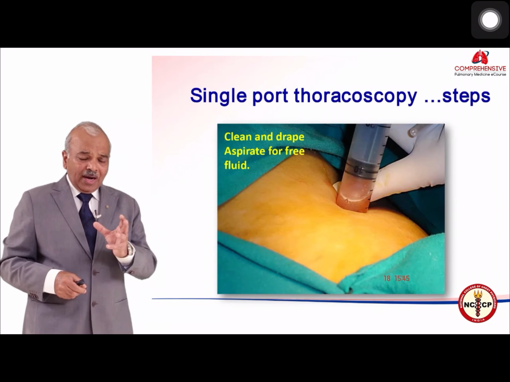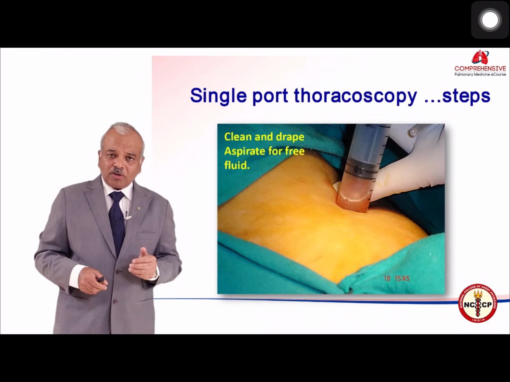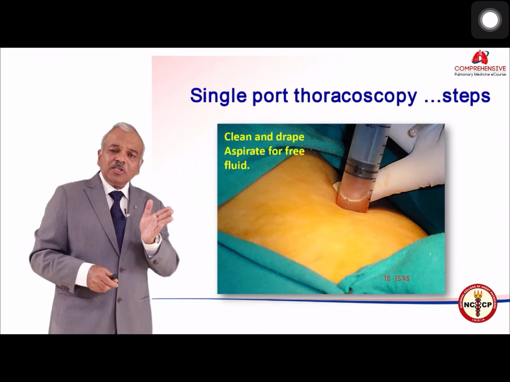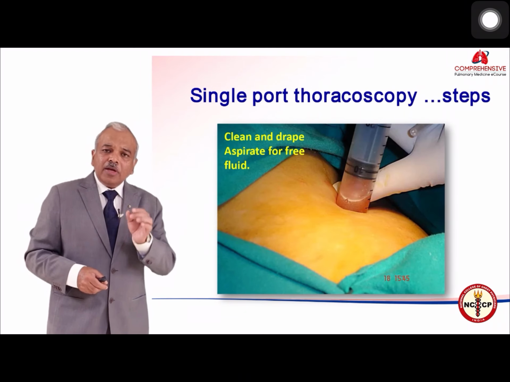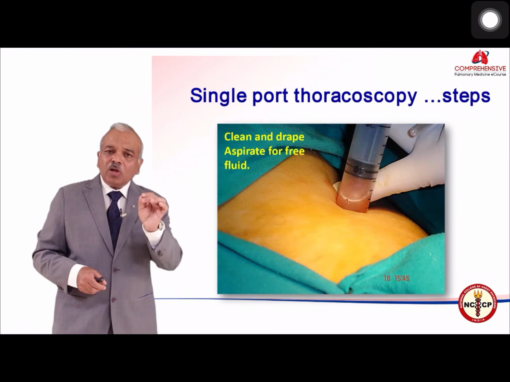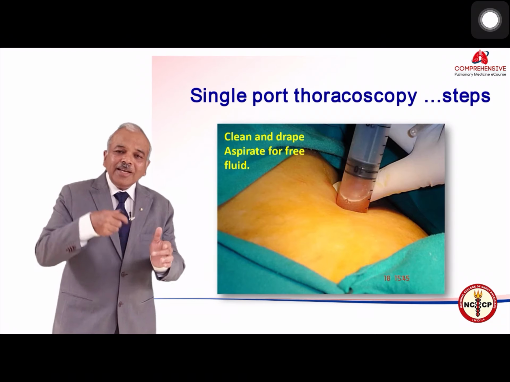Sometimes you may ask, suppose the pleural fluid amount is not much, how will you do a thoracoscopy? You can still do a thoracoscopy by taking the patient first to your radiology area, under ultrasound guidance, putting in a needle into that small pleural space that is there with a little bit of fluid, and then injecting air.